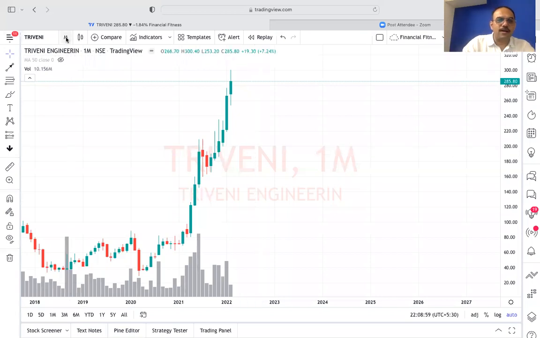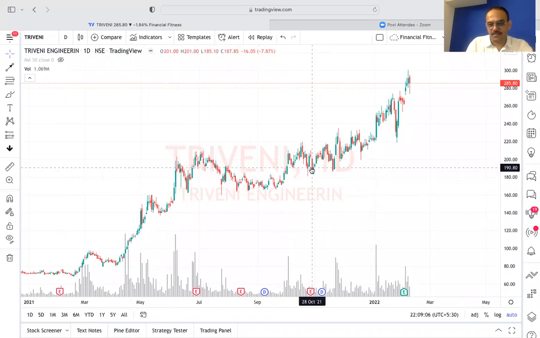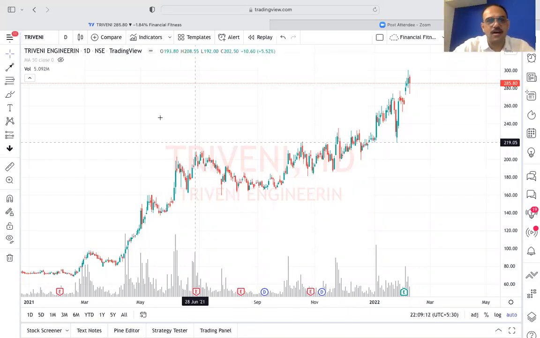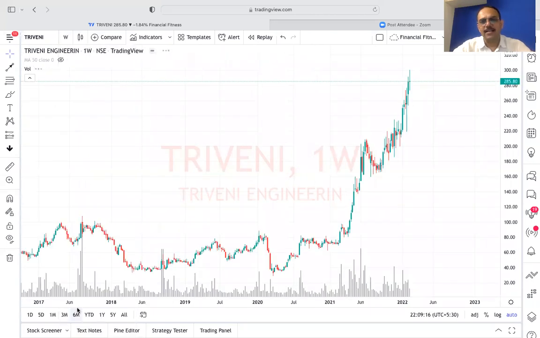But if you zoom in, it has gone through many aberrations. It has gone up, gone down like this. The chart changes with your view. So for support and resistance, you have to look from the weekly angle and the daily angle, and understand it.